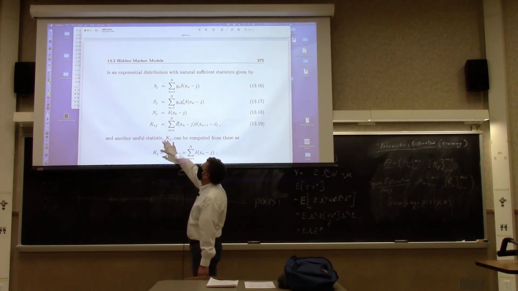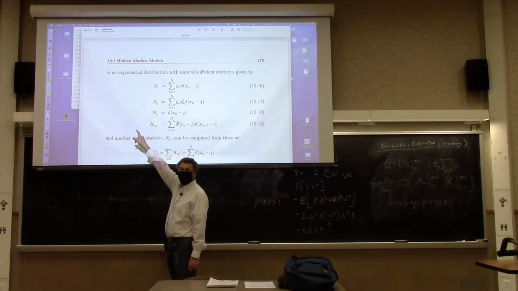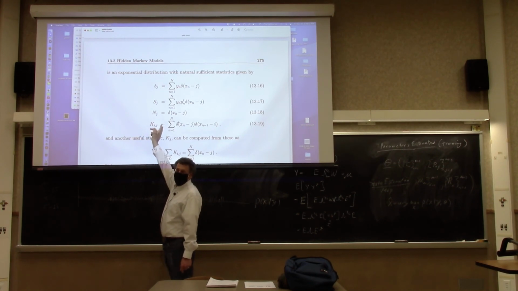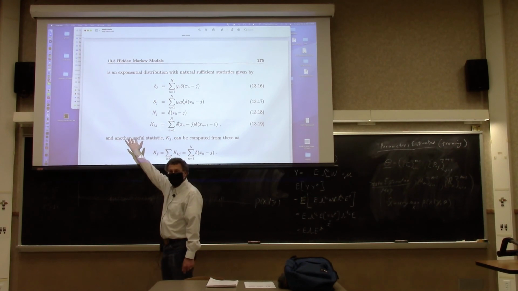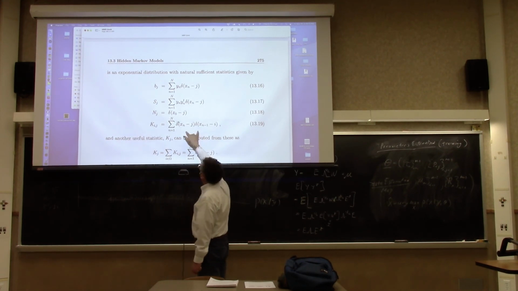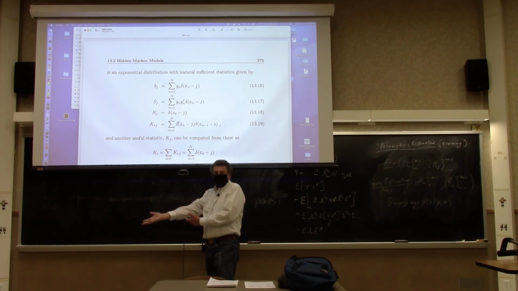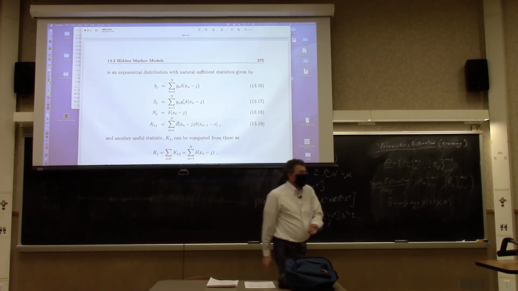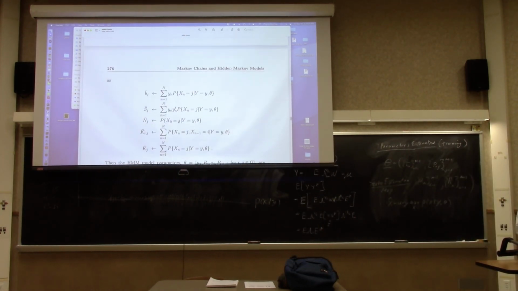In order to implement the EM algorithm, all you have to do is just put little bars over the k's. Okay? How do you put the bar over the k? You just compute its posterior expectation. So you take the expected value of this, you can do it now, because you have those from the alphas, you have those from the forward-backward algorithm, produces what you need, okay? And that's what the updates are.